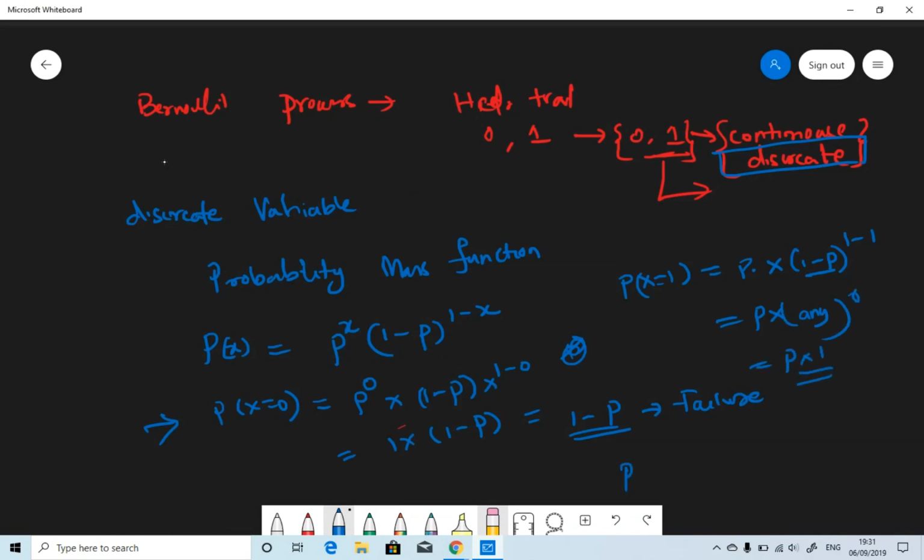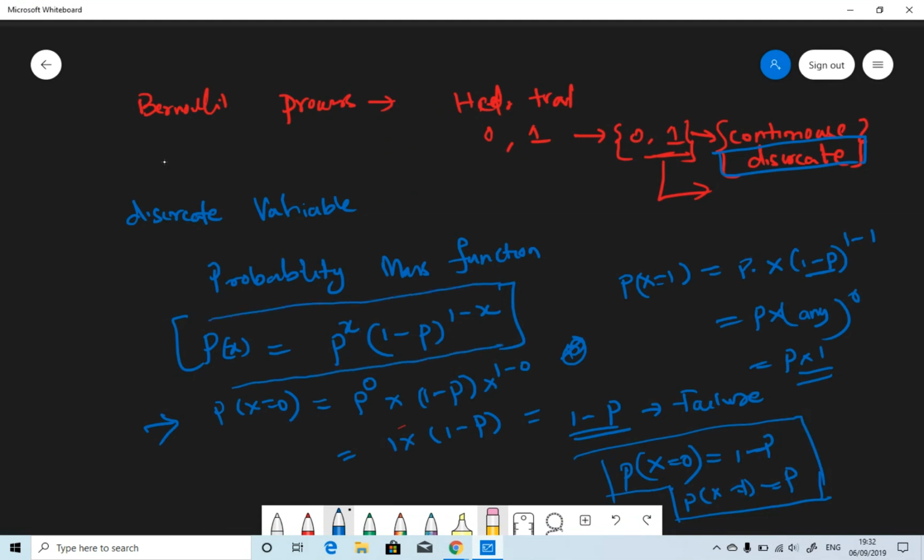So here P of x equal to 0 is 1 minus p. P of x equal to 1 is p. This is the same thing that we initially thought of. So this is important. Probability mass functions are very important. Write down this. Is that clear? Probability mass function.